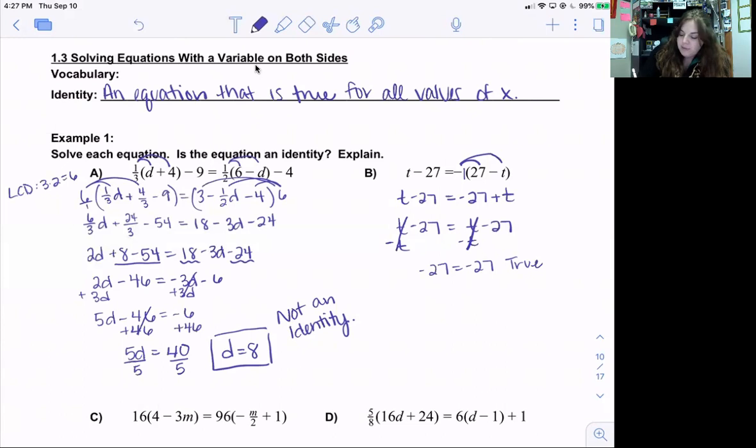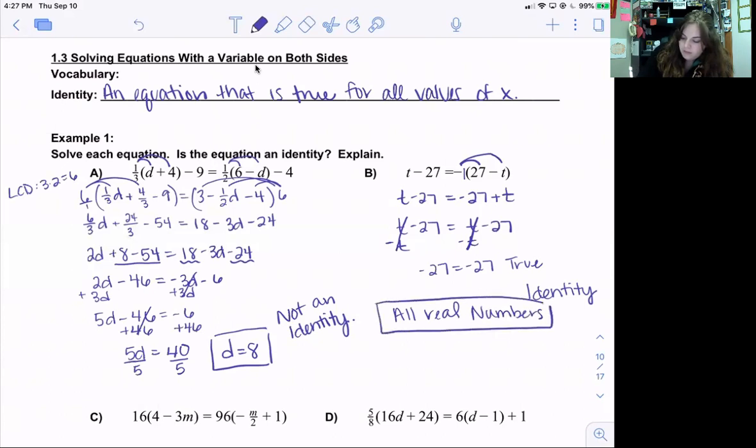So this is an example of an identity, which means our solution is all real numbers. Okay, another thing that you can see with this is a lot of times we'll say it has infinitely many solutions.